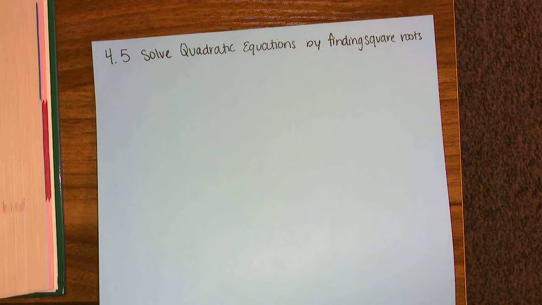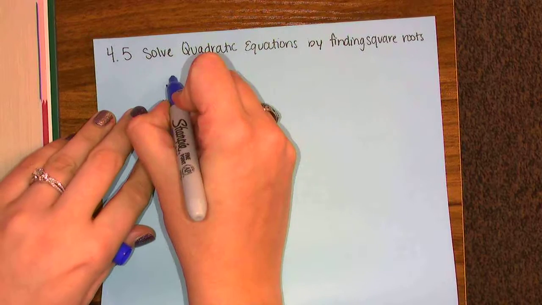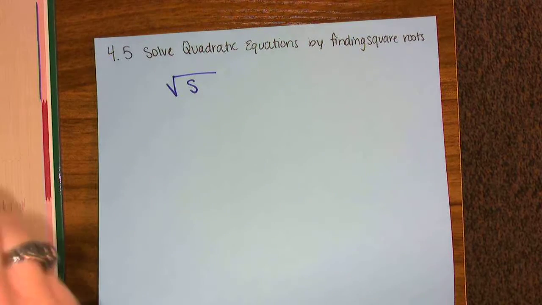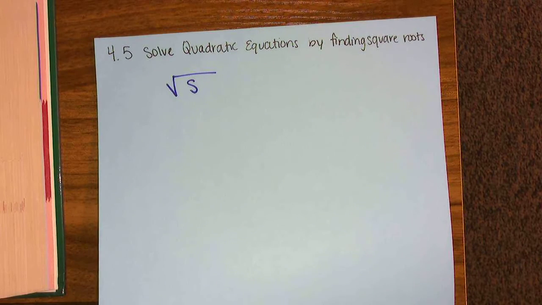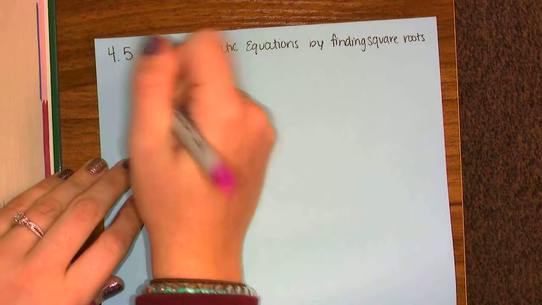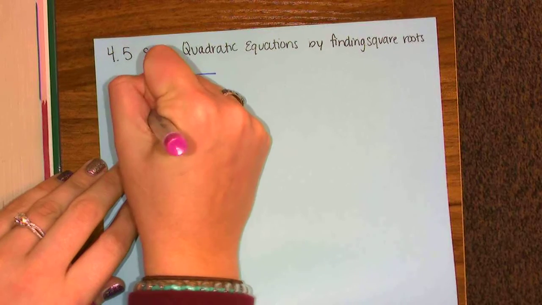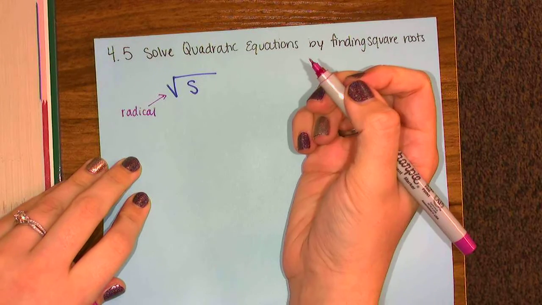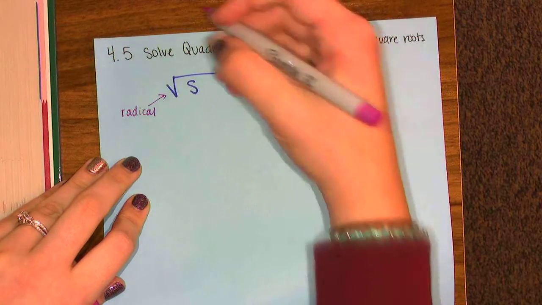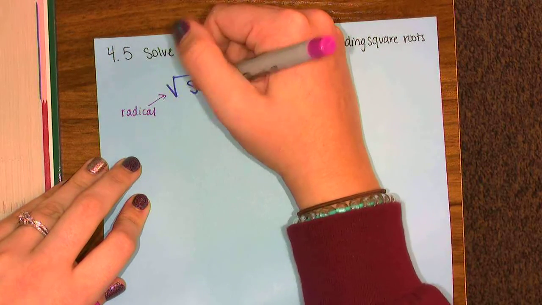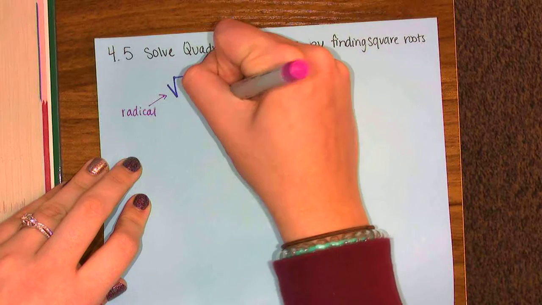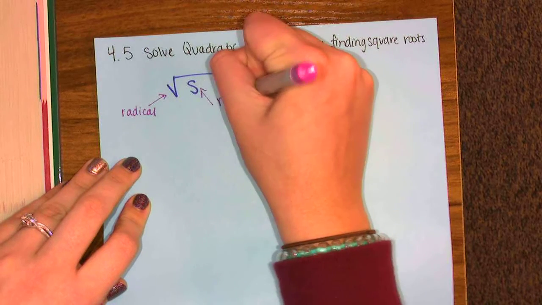So just some notation stuff here. If I have this square root of s, this is the radical. And this is the radicand.